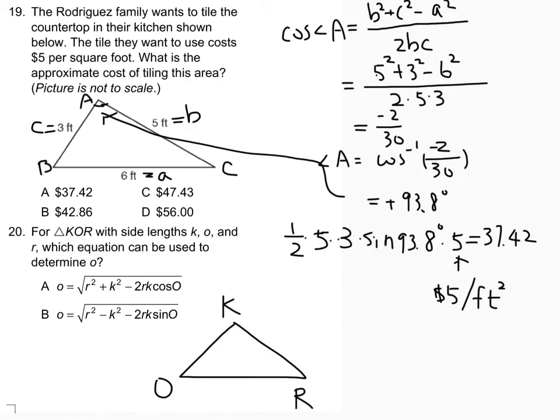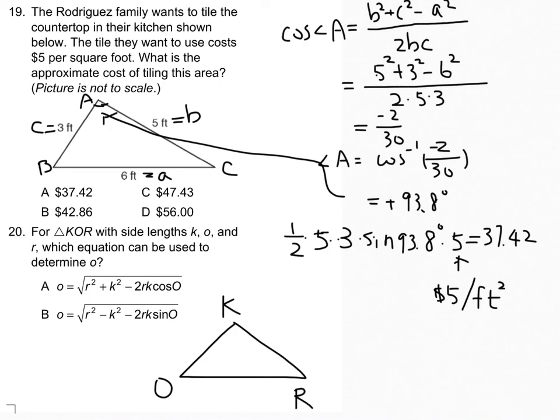Plug that into the area formula, which is 1/2 of BC times sine of angle A. And because it costs $5 per square foot, I just go ahead and multiply by 5, which turns out to be 37.42. That's letter A. So for number 19, your answer is going to be letter A.